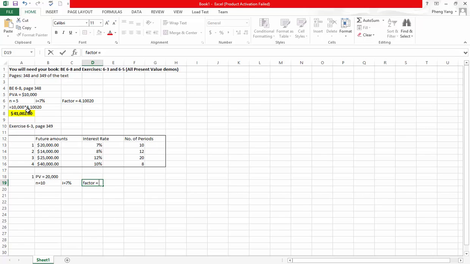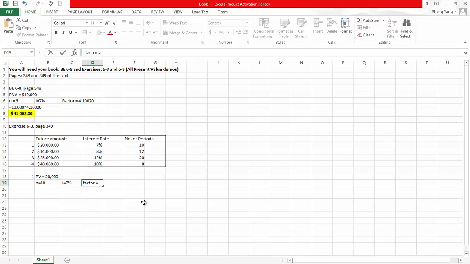If you paid similar amounts, more than one amount, at the beginning of a period, there's a different table as well. So you want to pay attention to the description on each table at the end of the book so you know which table to use. That is very crucial. Okay, back to exercise 6-3.